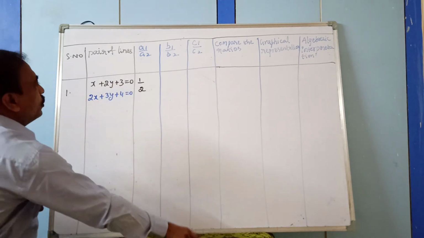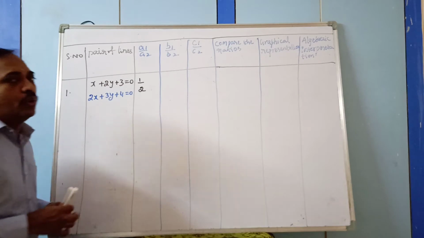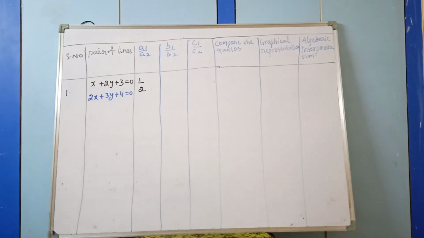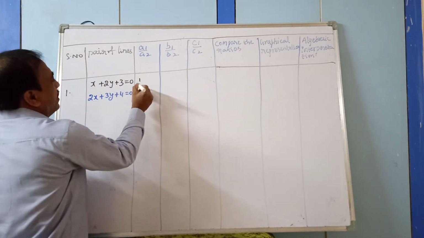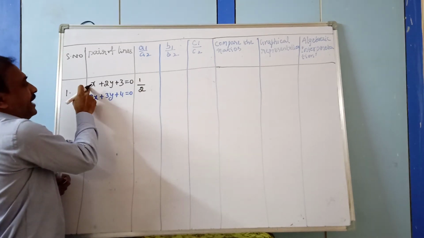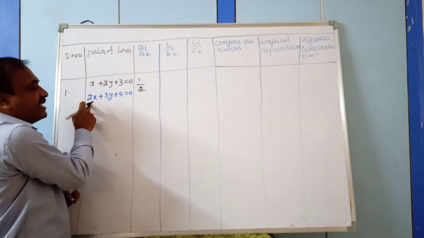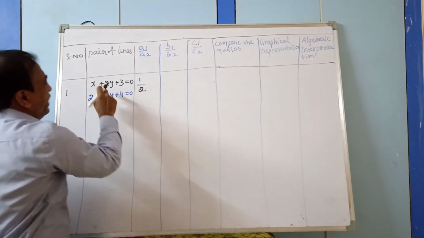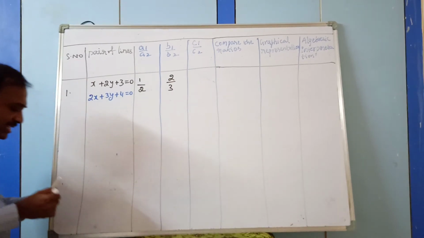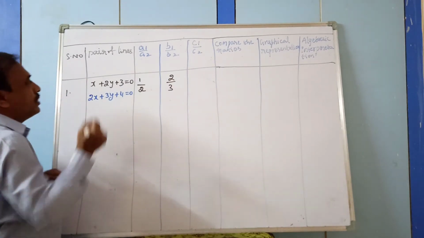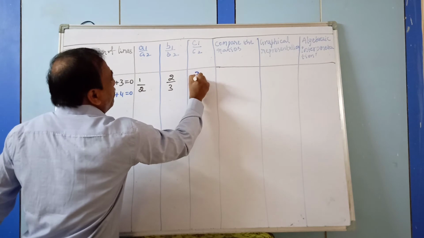B1 by B2 is 2 by 3. And C1 by C2, you check it: C1 is 3 and C2 is 4, so 3 by 4.